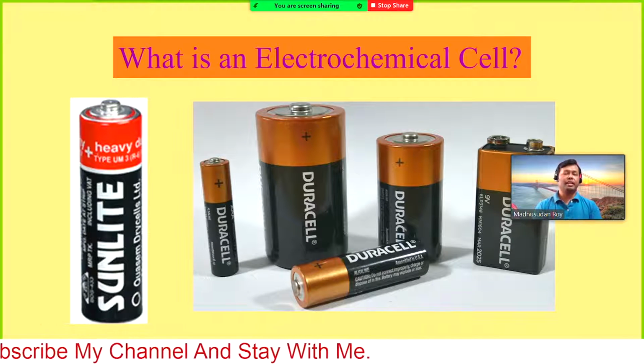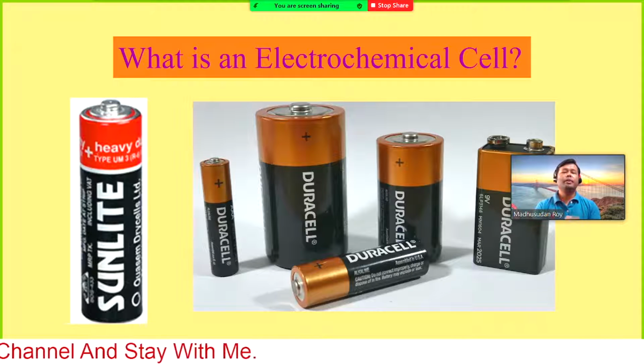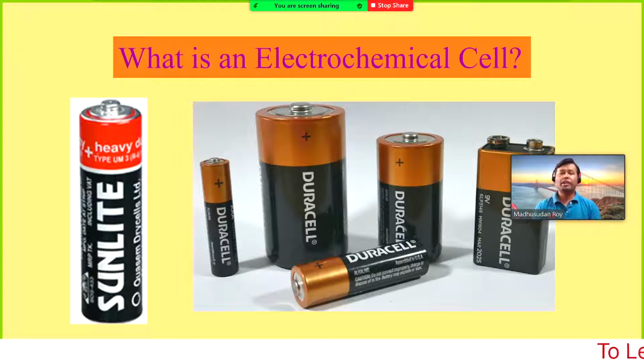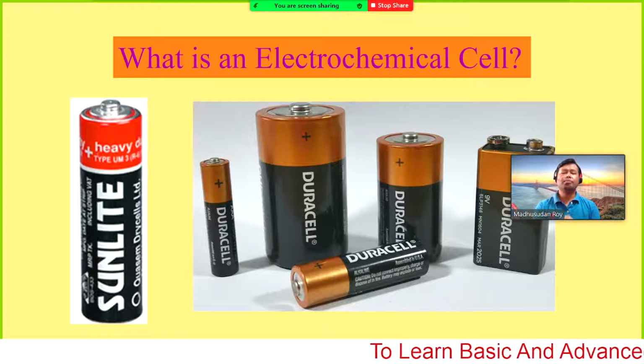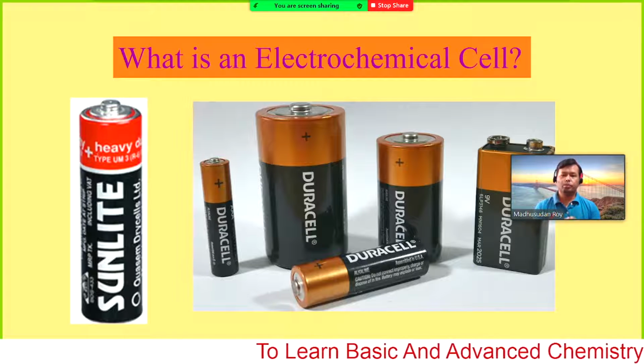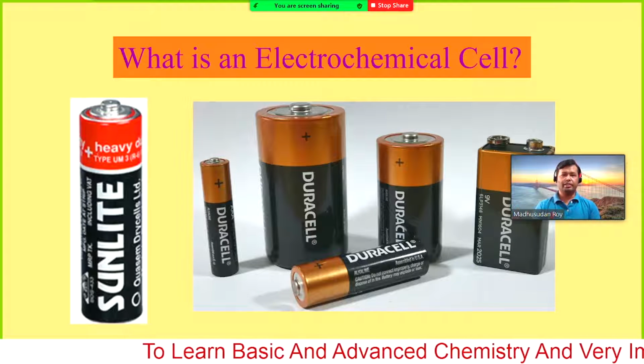What is an electrochemical cell? All of you are familiar with these types of photos, and you know these types of devices. These are devices that can generate some electricity, or give some power to run electronic devices.